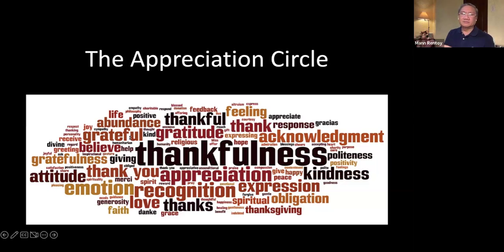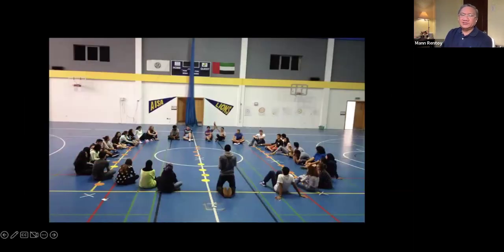And then, if the class is too big, then 2 circles or even 3 circles if you want. And then at a certain point, as they pass appreciation from one to another, you make it counterclockwise. Any exercise you make the students do to express appreciation for one another adds to the kind of culture that you are creating, a culture of kindness, being nice to each other.